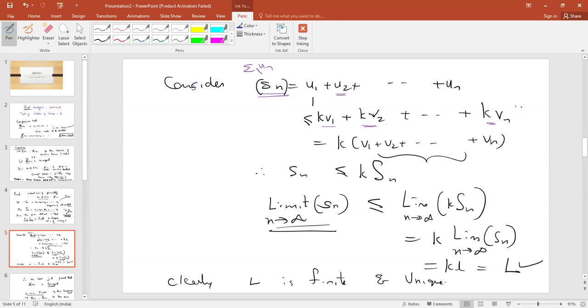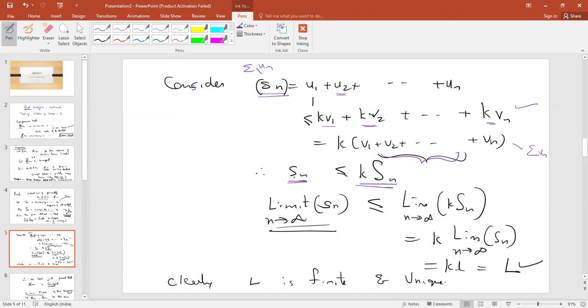We'll take k outside and write k times v1 plus v2 up to vn. Then we know that this bracketed term is capital Sn, the nth partial sum of summation vn. So we conclude small sn is less than or equal to k times big Sn.